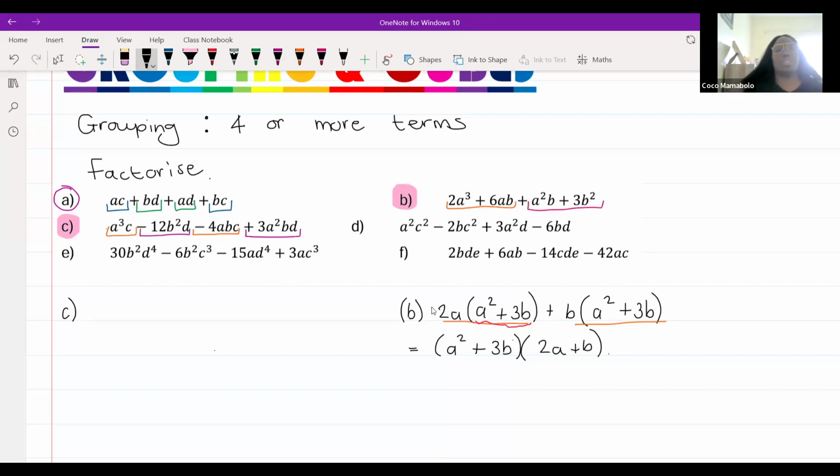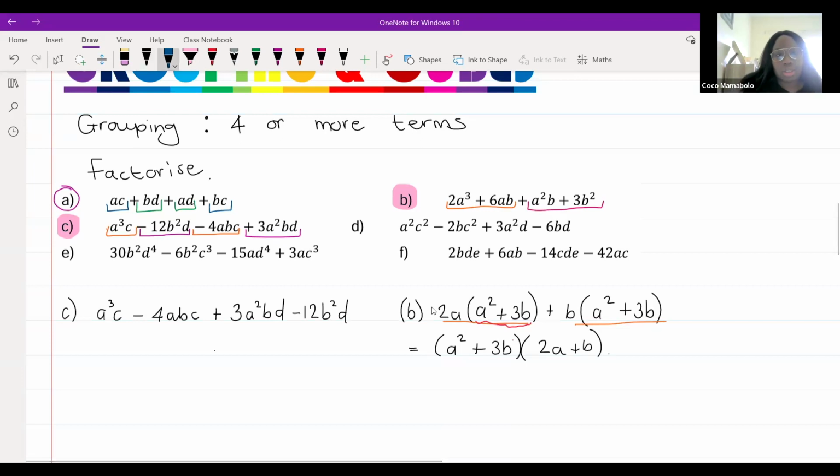I'm going to write a cubed c minus 4abc, and then I want to write the positive one first, plus 3a squared bd minus 12b squared d. Now we've shifted it around.